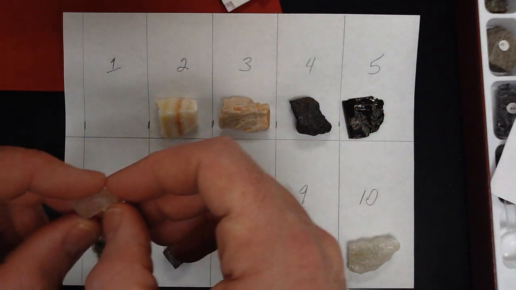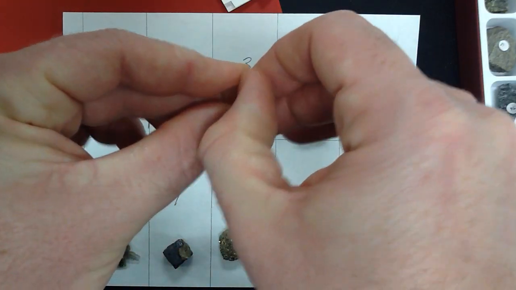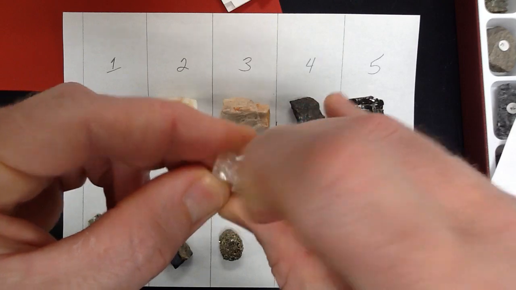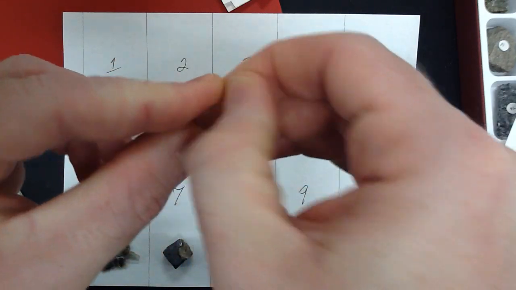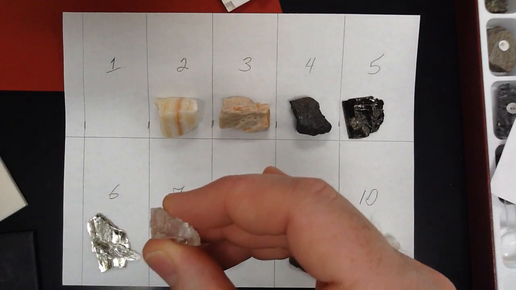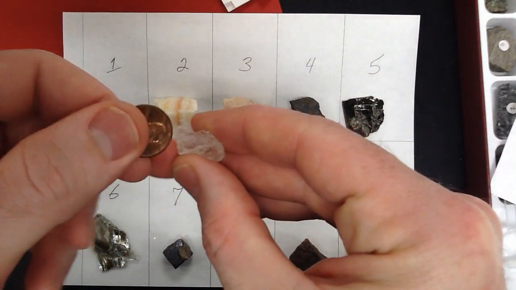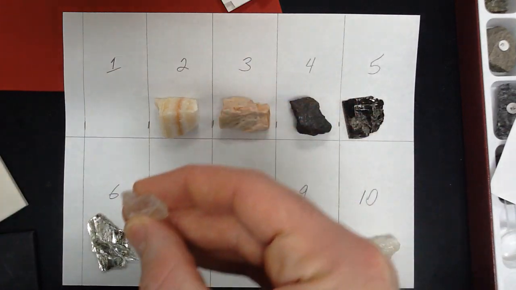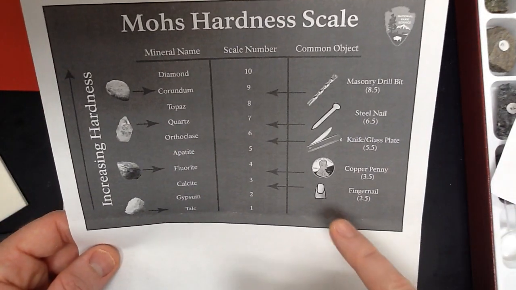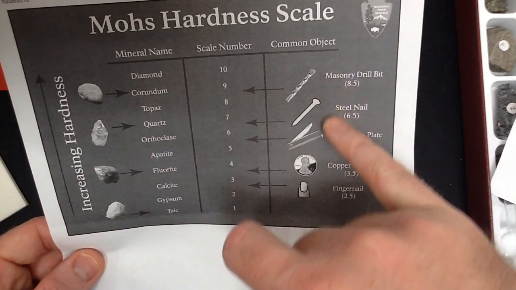Let's go ahead and start with the scratch test. My fingernail is not able to scratch it. I go to the penny next, which, just a quick reminder, this is the Mohs hardness scale, so I will be using these tools that I have available to me.